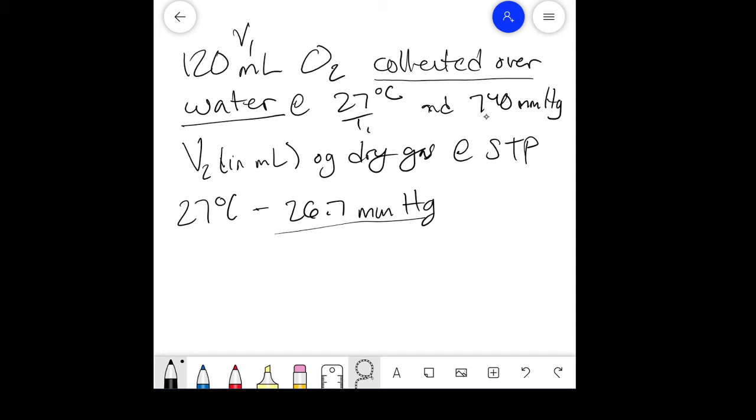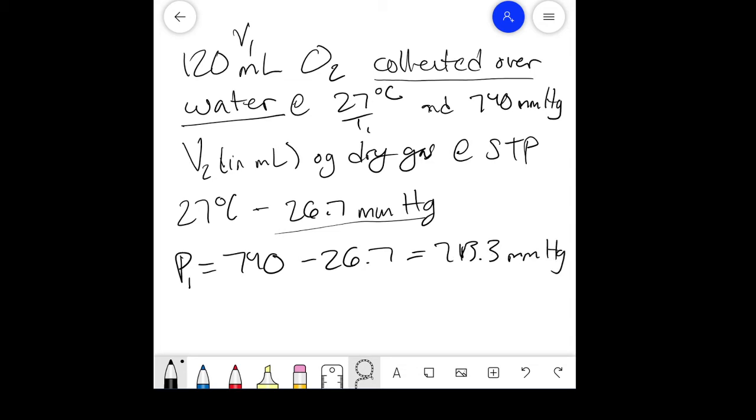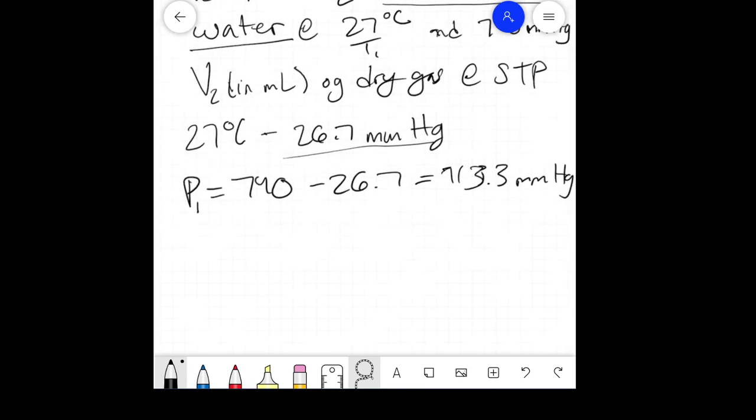Our P1 is 740 minus water's pressure, which gives us 713.3. That's a 1 if you can't tell. So, 713.